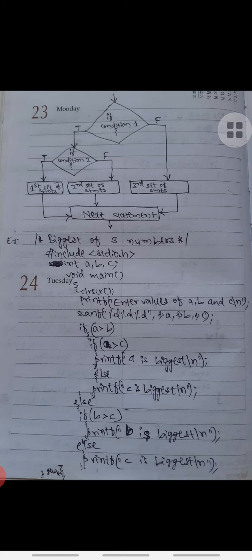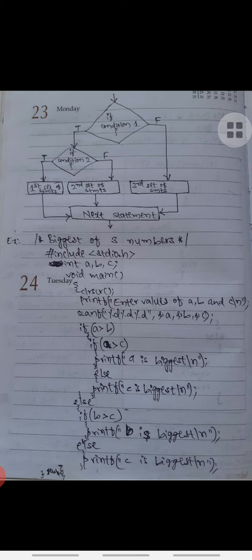The best example here is the program to find the biggest of three numbers. Hash include stdio.h, int a, b, c, then open the main function, enter the three values, that is a value, b value and c value with the help of scanf function. Then you start comparing a with b, that is if a is greater than b, and open that brace, and inside that you again compare that a with c.